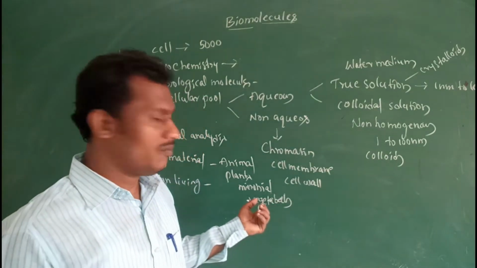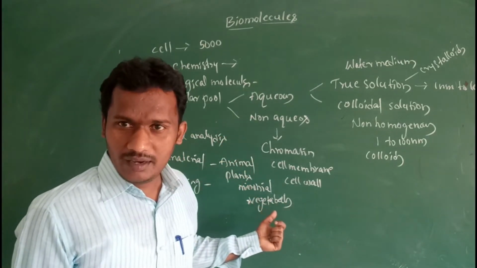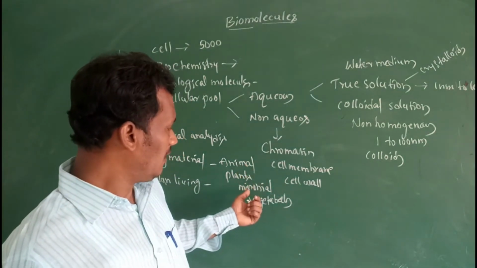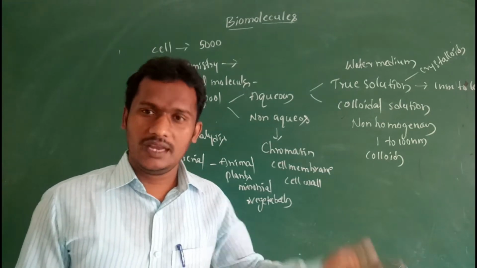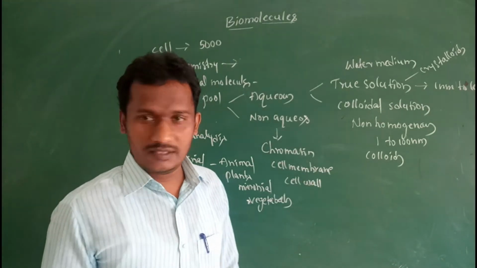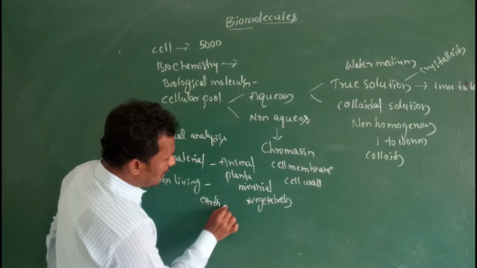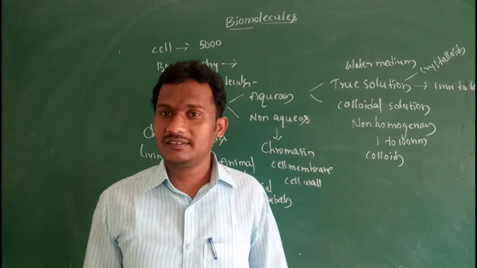We can perform chemical analysis on any living material by taking a small amount of this animal, plant, microbial or vegetable material. Then non-living material is nothing but earth crust.